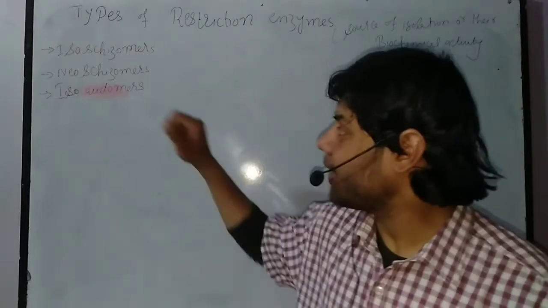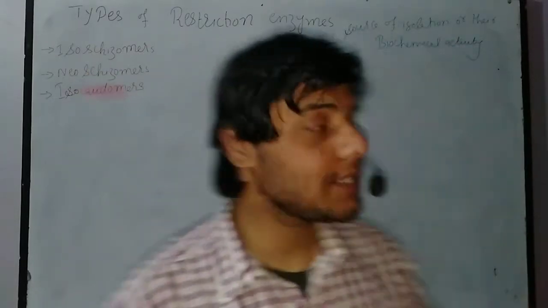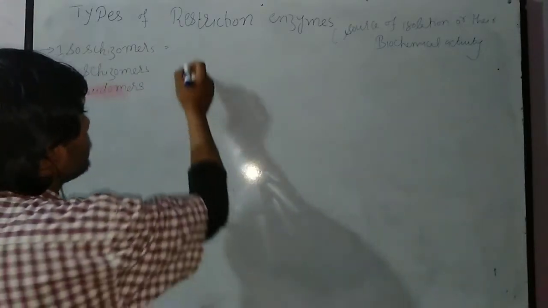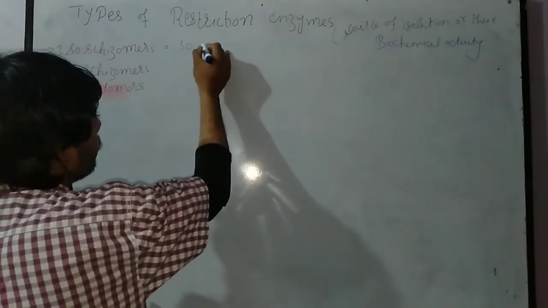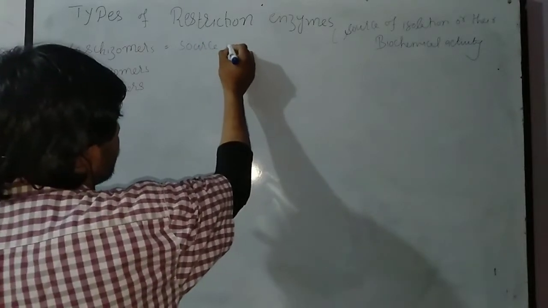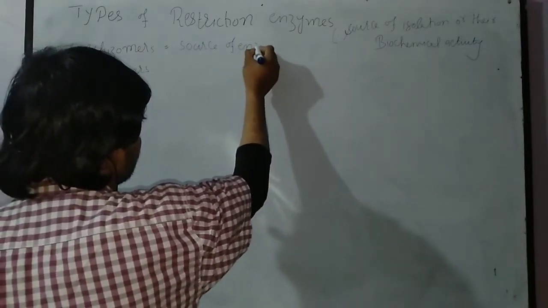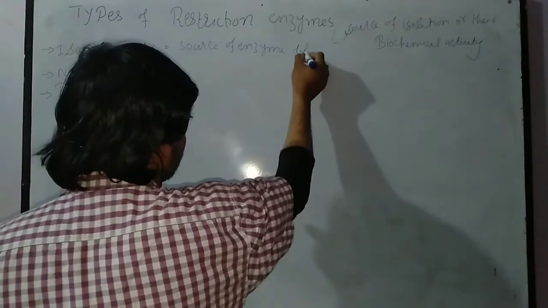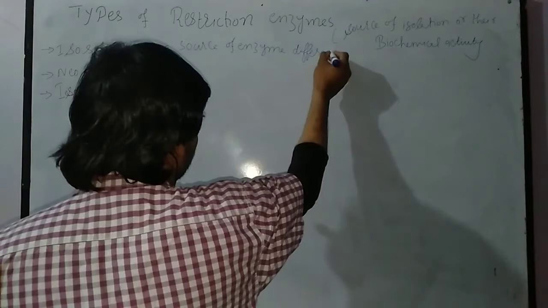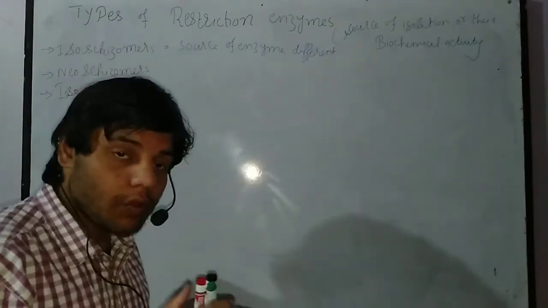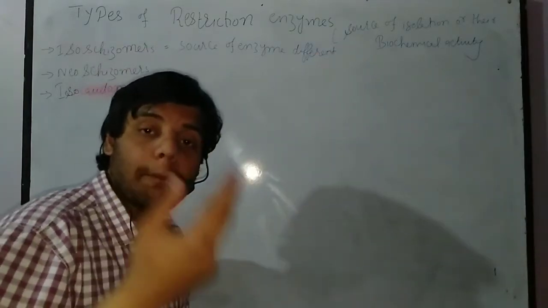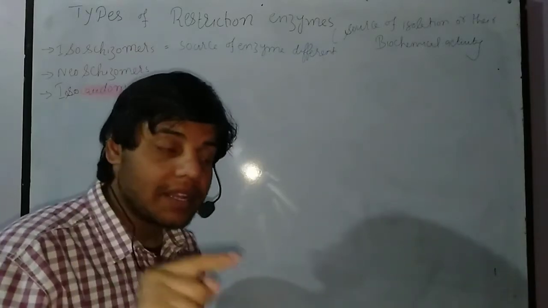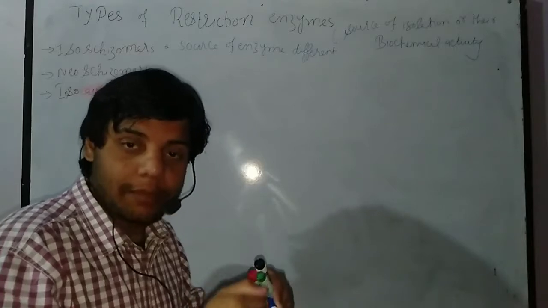Now as the name indicates, isoschizomer, in this case the source of enzyme is different. So remember, usually we have a pair of enzymes which we isolate from different bacterial cells, but their recognition is the same.